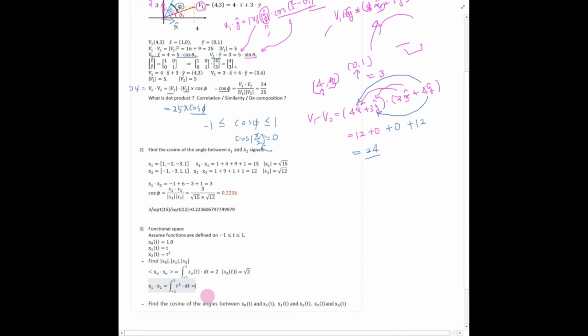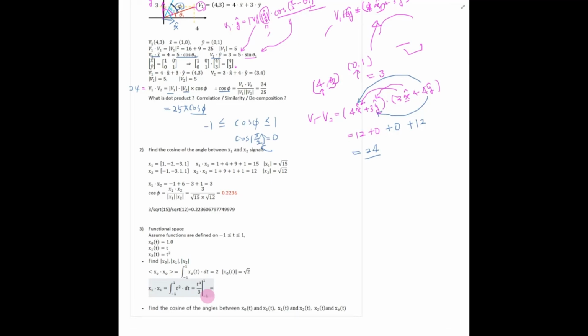Then it gives t cubed over 3, with the integration taken from -1 to 1, which gives 2/3. Therefore, the magnitude of x1(t) equals the square root of 2/3.